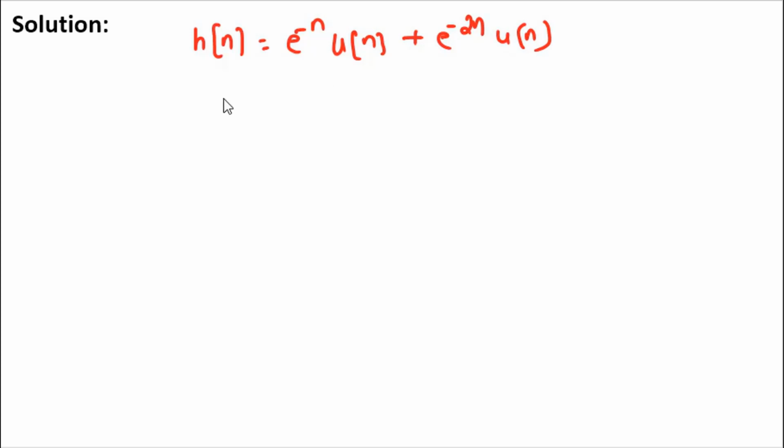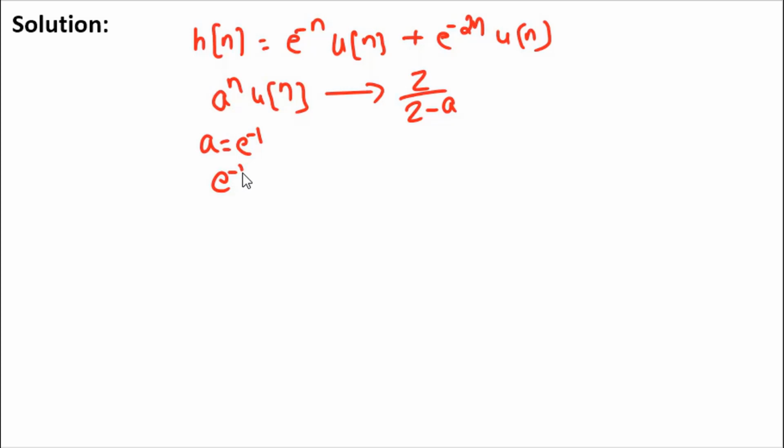And you know the z transform of a^n u(n) is given as z over (z − a). So when you put a equal to e^(−1), you get e^(−n) u(n), and the z transform is given as z over (z − e^(−1)).